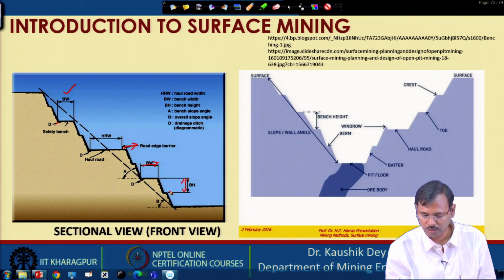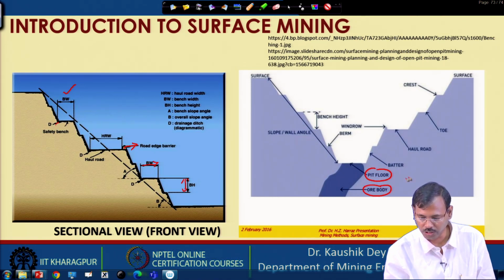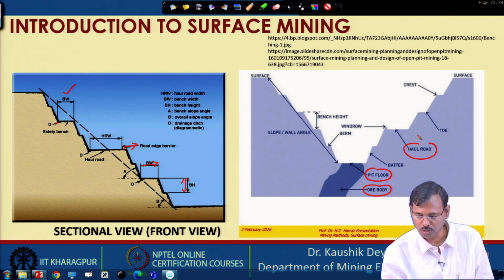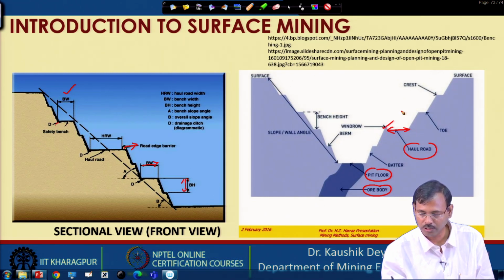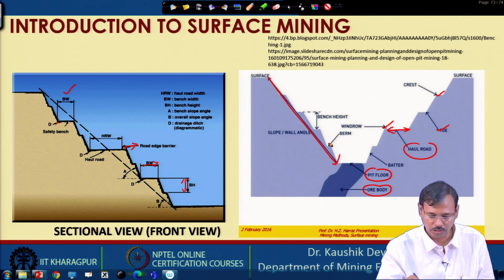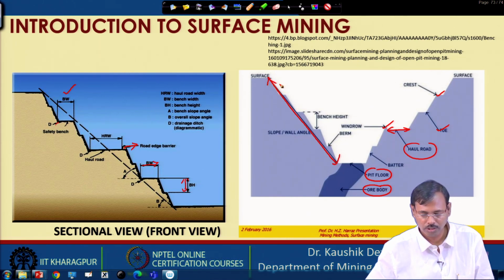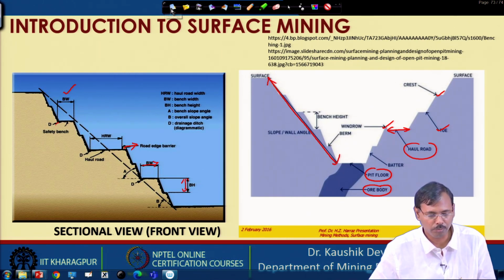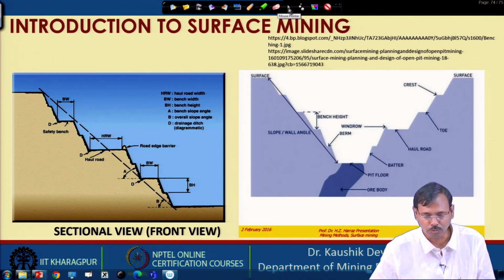This is called pit floor, this is ore body, this is haul road. You can see the wider bench width is provided, this is the berm, this is crest, this is toe, and this is bench height. From this point to the bottom point is called the overall slope angle, and that should be maintained as safe as possible.